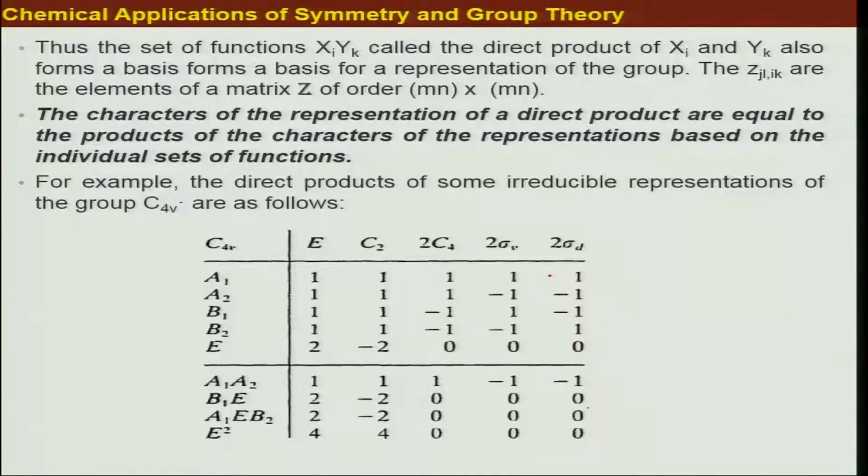Now the characters of the representation of a direct product are equal to the products of the characters of the representations based on the individual sets of functions. The example is given here below. We have taken the point group C4v, and this is the character table for the point group C4v.